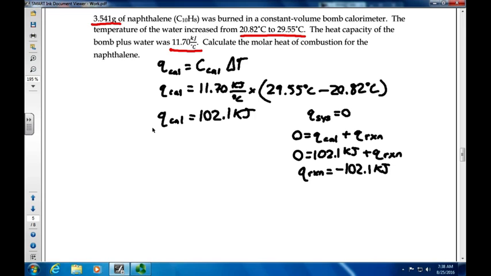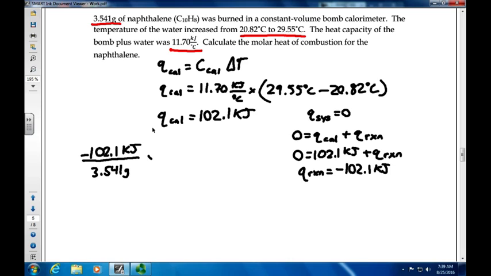So our molar heat is going to equal the heat of reaction, 102.1 kilojoules, divided by 3.541 grams, which is what we're given. So for every 3.541 grams, you have a release of heat of 102.1 kilojoules.